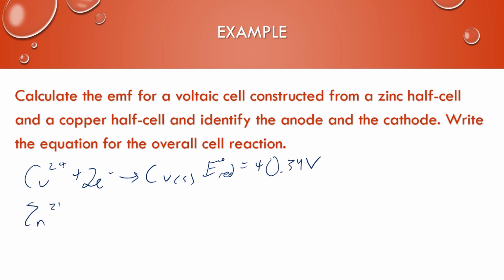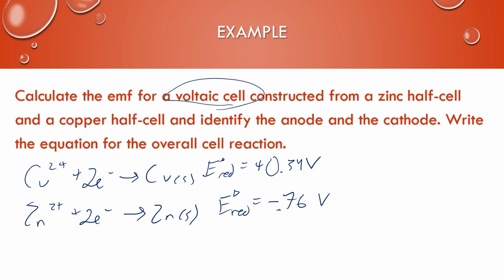And for the zinc ions going to solid zinc, the reduction potential is negative 0.76 volts. So in order for us to have a voltaic cell where it's spontaneous, we want the overall value to be positive. So that means that the more positive one is going to be reduced. It's going to be at the cathode. So the copper will be our cathode.